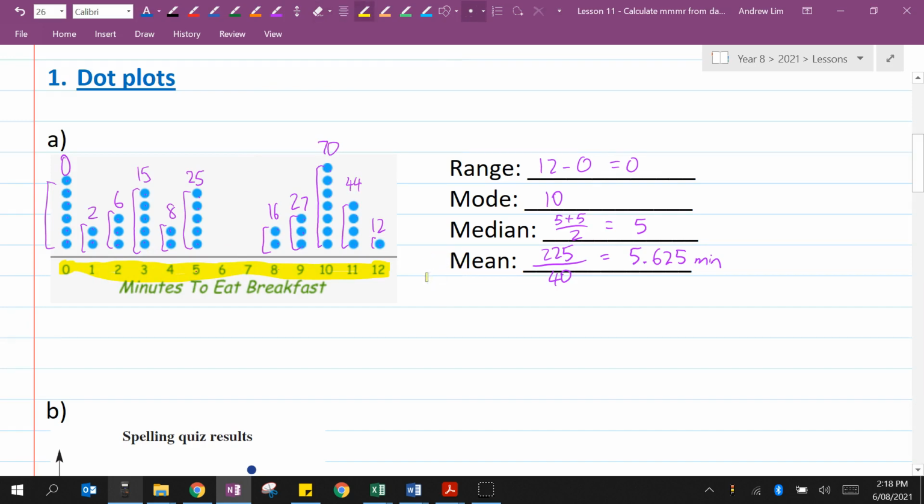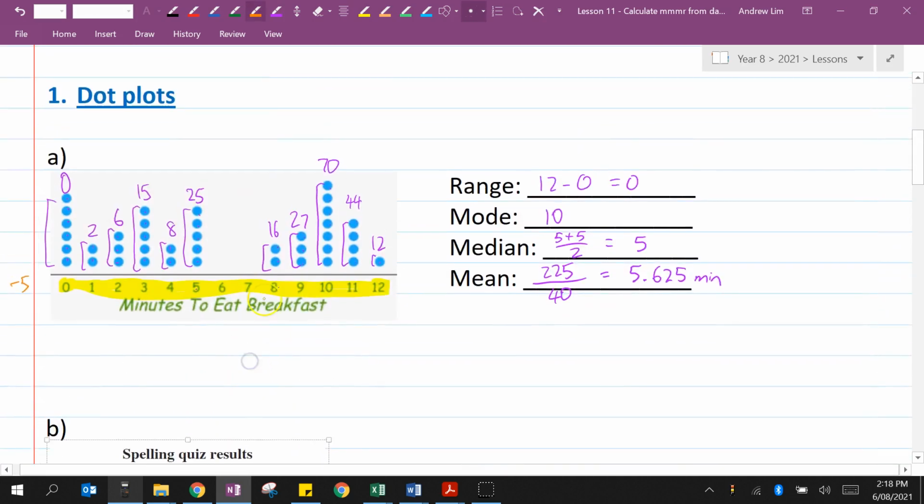If your middle score is -5, -5 is down here, but it needs to be in between 0 and 12. It doesn't make sense because it's a middle score. The mean has to be the average. It has to be somewhere between 0 and 12. So just make sure that you double check your answers to make sure that it makes sense.